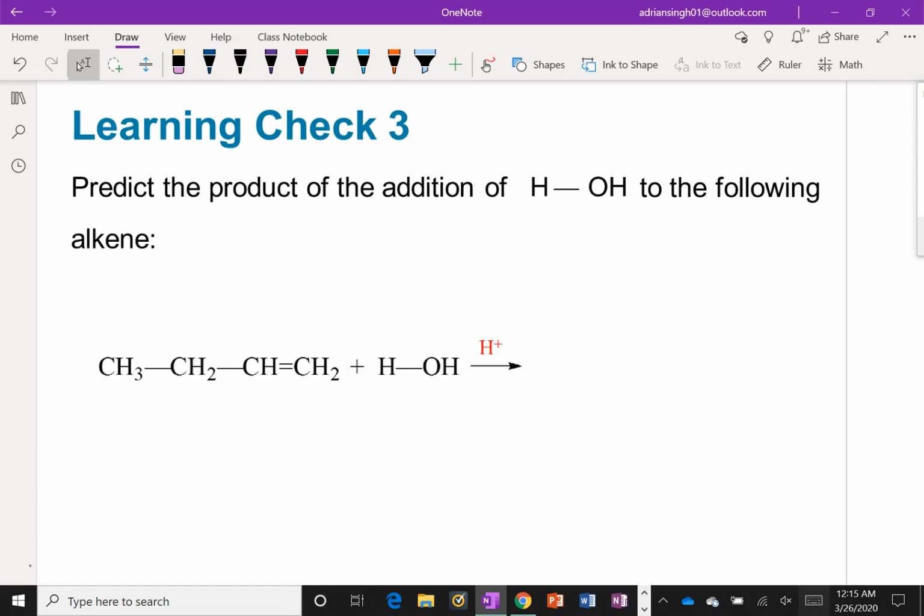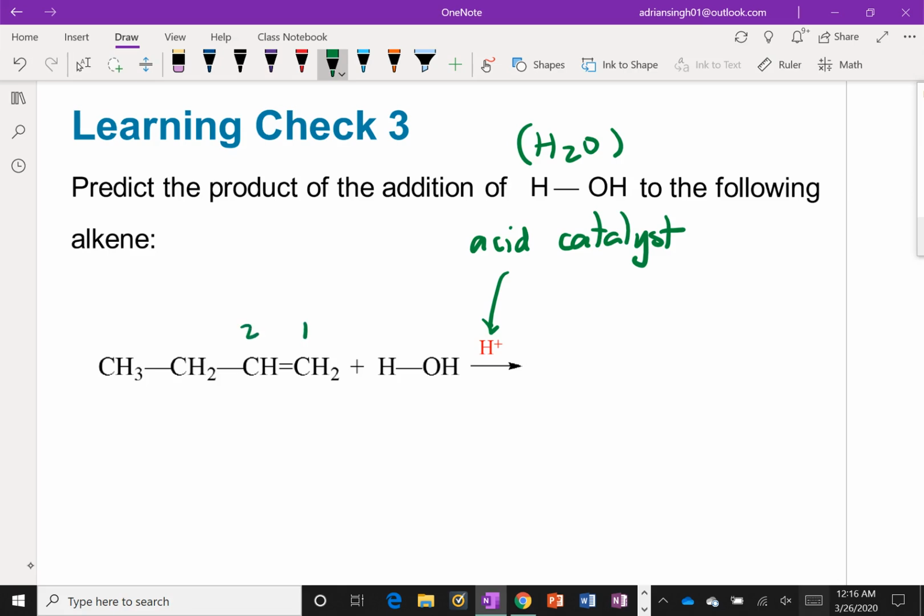So it says predict a product of the addition of HOH, and again, think of that as water, to the following alkene, and we have our acid catalyst being represented. Okay, so let's name this alkene. We've got 1, 2, 3, 4, so this would be a butene. The double bond starts on carbon 1, so that's 1-butene.